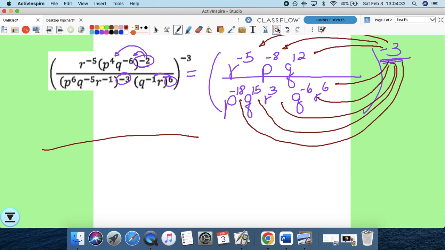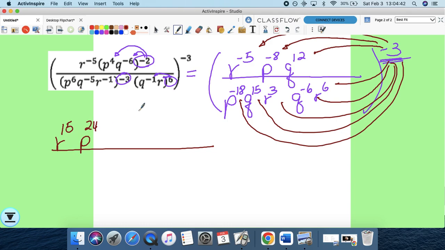So we get, let's do the r, a negative times a negative, so I get r to the 15th. Negative times a negative again, I get p to the 24th. Q is going to be negative 36, right? Because one is positive, one is negative. At the bottom, p to the 54th, because 18 times 3 is 54.